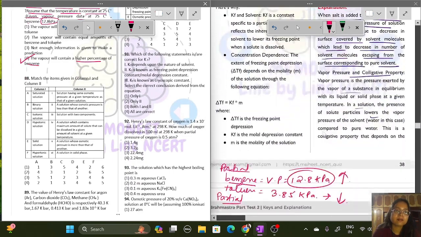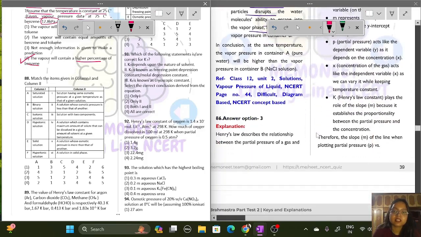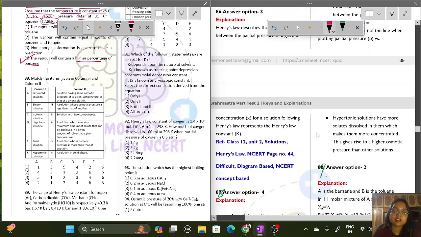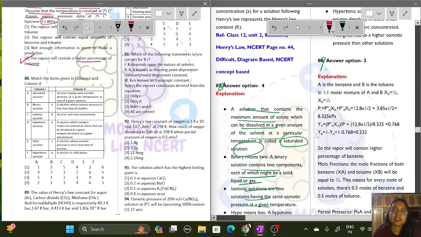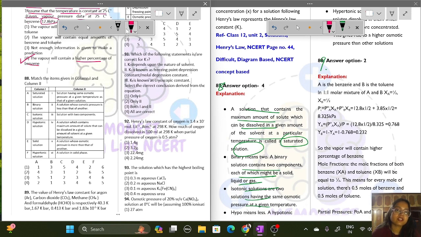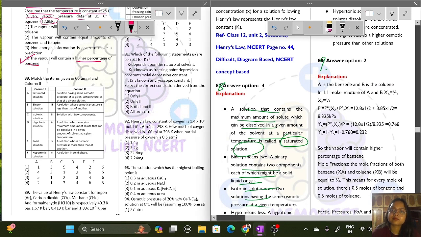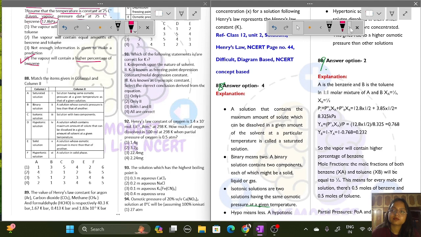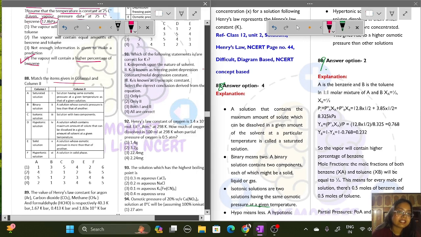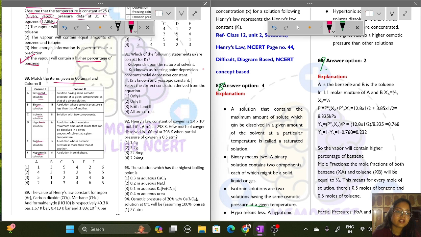Next is question number 88. So it is a matching type question: saturated solution, binary solution, isotonic solution, hypotonic solution, solid solution, and hypertonic solution.